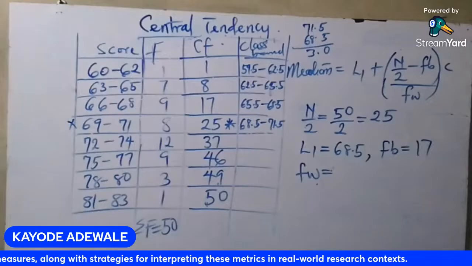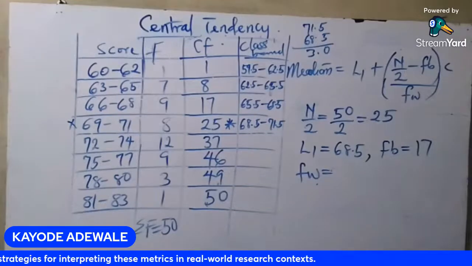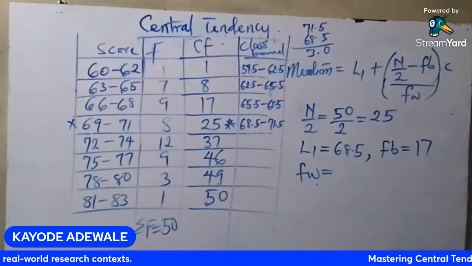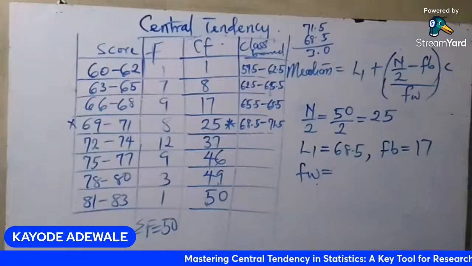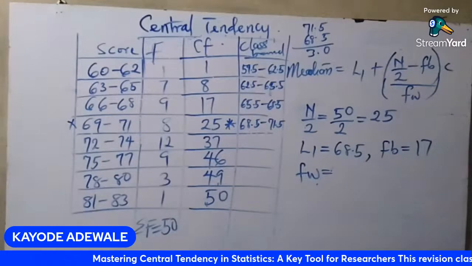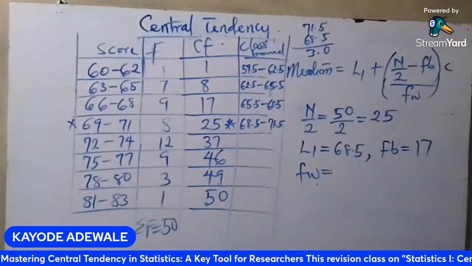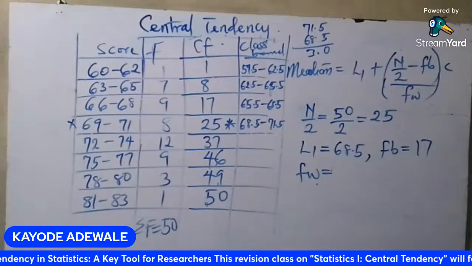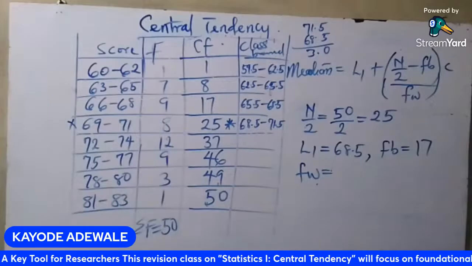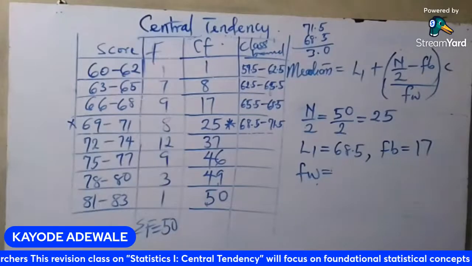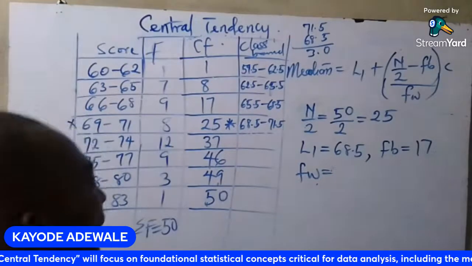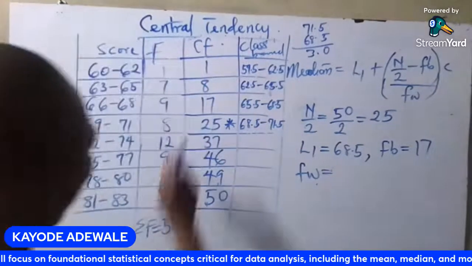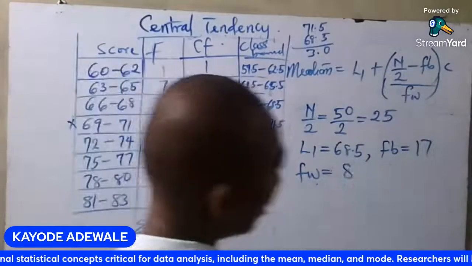Rosemary, can you type it? All right, so the frequency of this median class, of course, is 8.